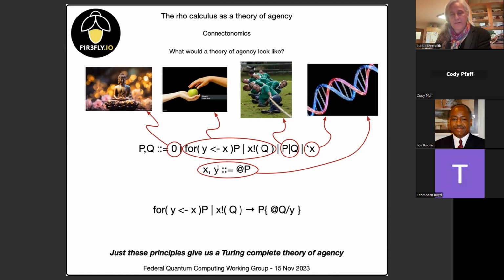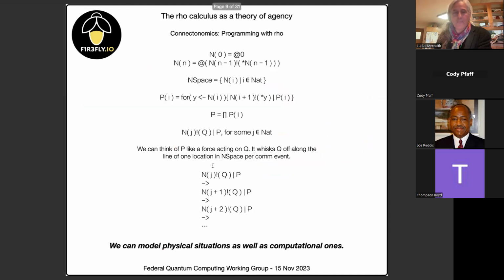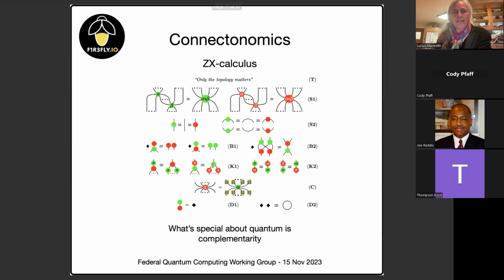That gives you a calculus that allows you to reason about end-to-end hybrid systems, right? Some systems are classical protocols and some are quantum protocols, and you can express it all in the same language.